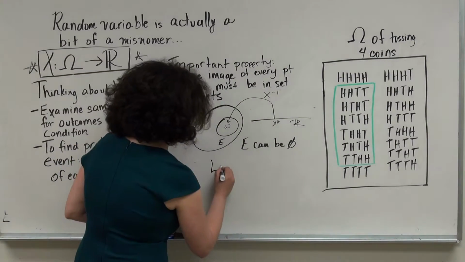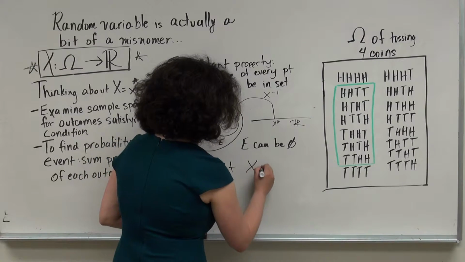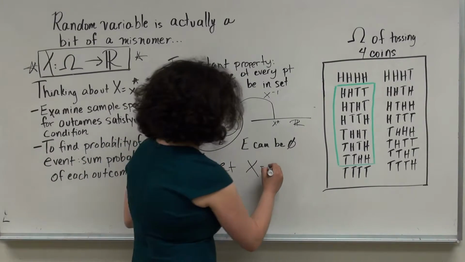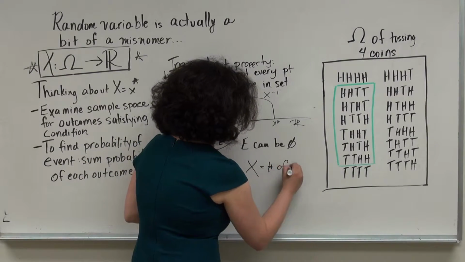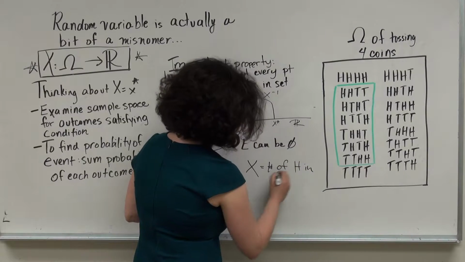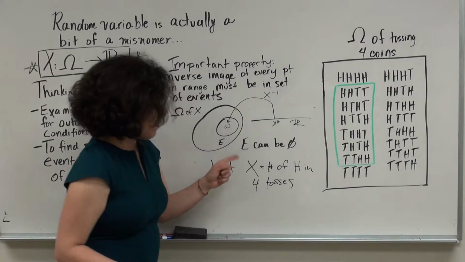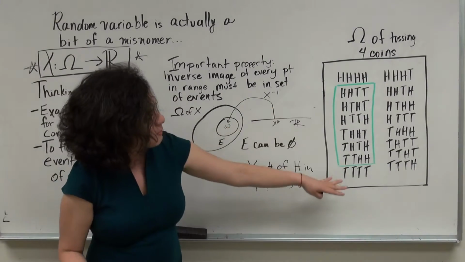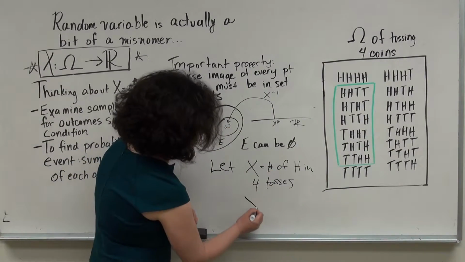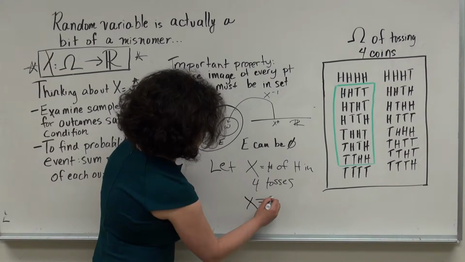So let this random variable x be the number of heads in 4 tosses. We've drawn the sample space for the 4 tosses, and we're worried about the event of x equals 2.